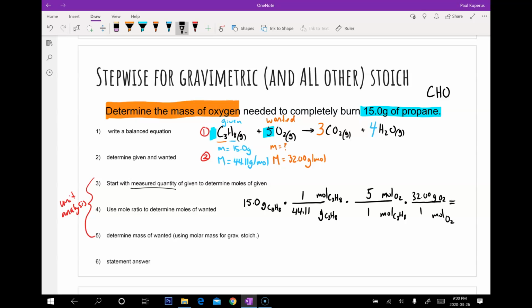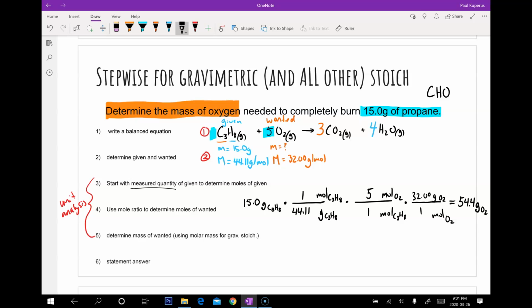Taking out your calculator, multiplying 15 by 1 divided by 44, or just dividing by 44.11, then multiplying by 5 and multiplying by 32 gives you a final answer of 54.4 grams of O2. Now, step 6 is our statement answer. We always have to finish with a statement giving what we just figured out.